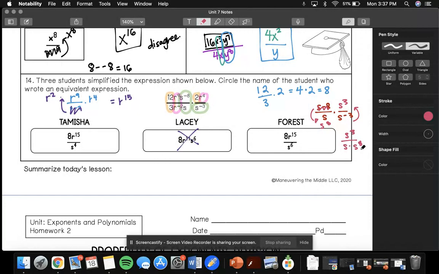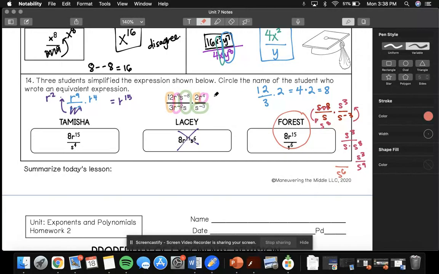I'm going to combine these together. S with s to the 8th would be 9 s's being multiplied together. And then I look and there's a difference of 6, and there's 6 more in the denominator. So the one that has 6 more in the denominator would be Forest.